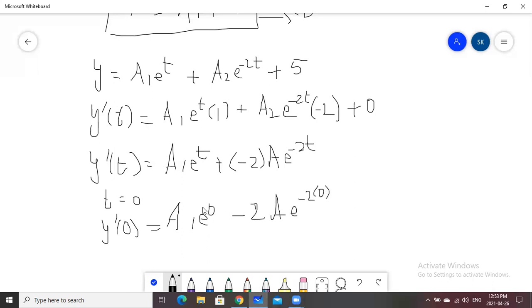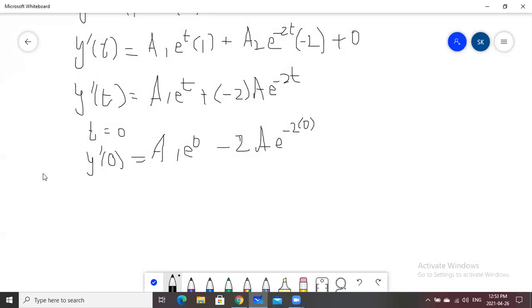Whether we have e raised to power 0 or e raised to power minus 2 into 0, both will yield the value of e raised to power 0. And we know clearly that e raised to power 0 is equal to 1. Therefore, y prime of 0 is equal to a1 minus 2a2. This is the value of y prime of 0.